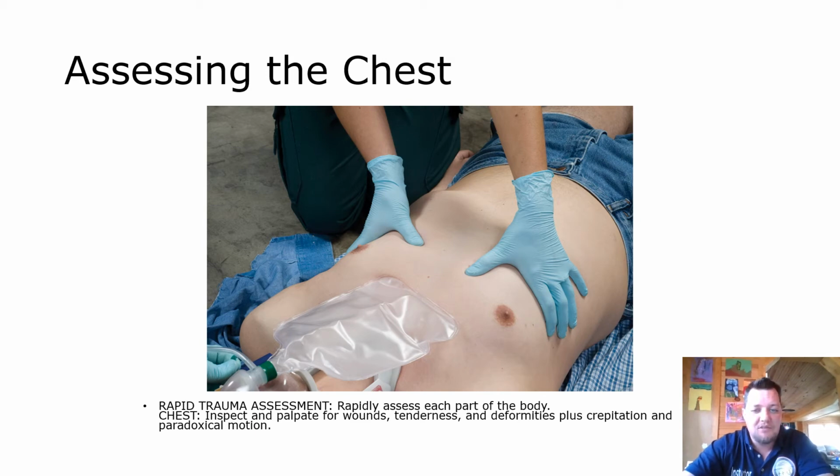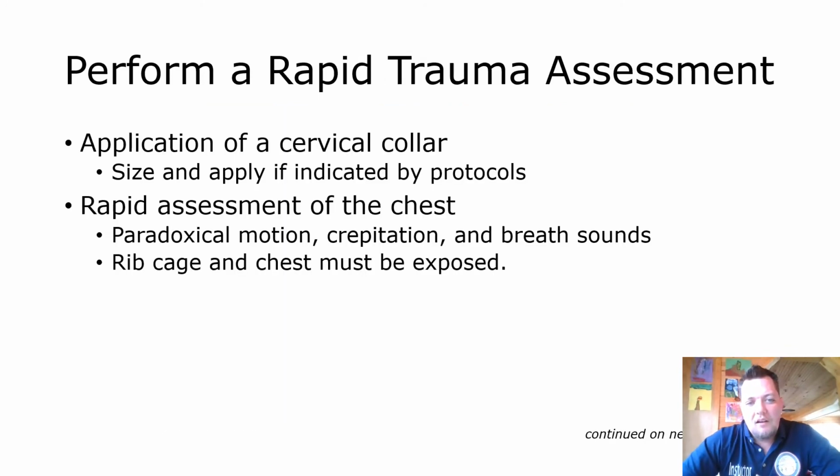That paradoxical movement is where one side of the chest moves and the portions around it don't move when they either inhale or exhale. We're going to apply a C-collar, check the chest. Your patient has to be naked in order for us to be able to effectively do an assessment on them.